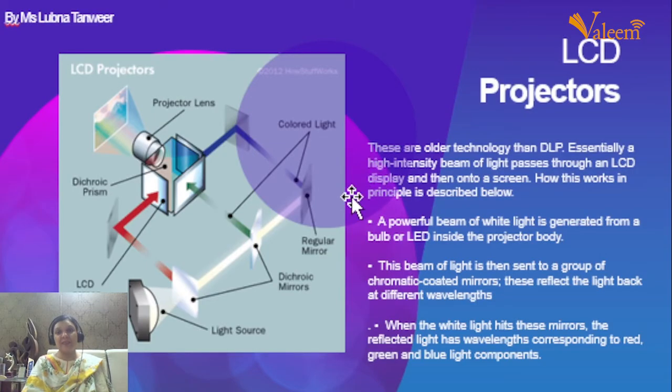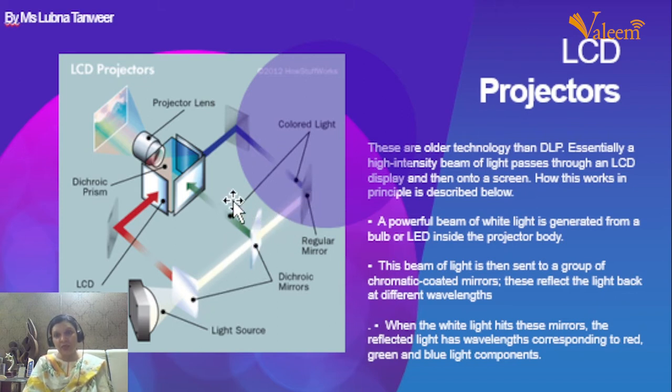So this is the inner image of an LCD projector. What is present basically inside its box? You can see that there is a light source present in it. There are several mirrors, which are called chromatic coated mirrors, and these are present over here.